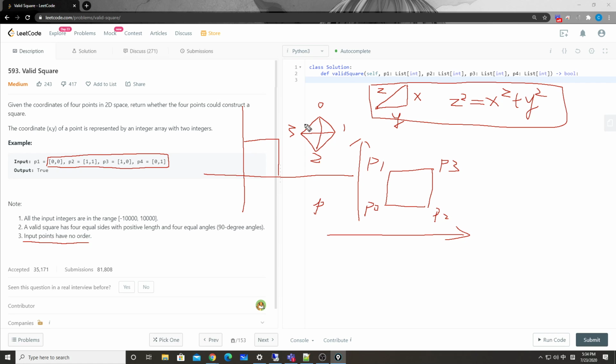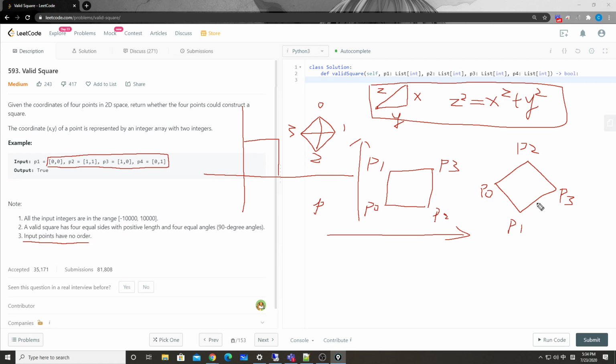Same thing, for example, if we have another rotated square here, sorted by x, this is going to be p0. Let's say p1 and p2, these two coordinates have the same y, so this is going to be p2 and p3.